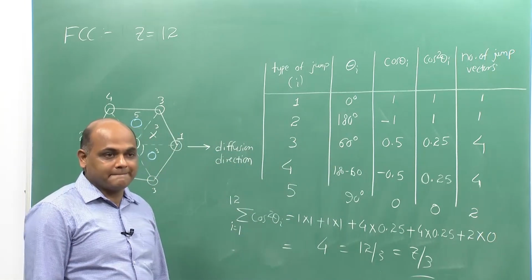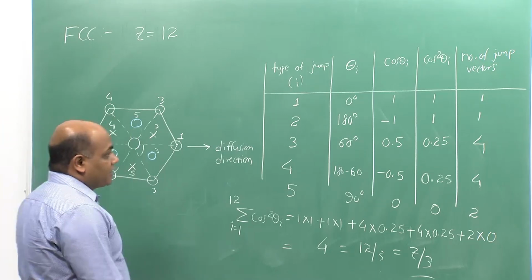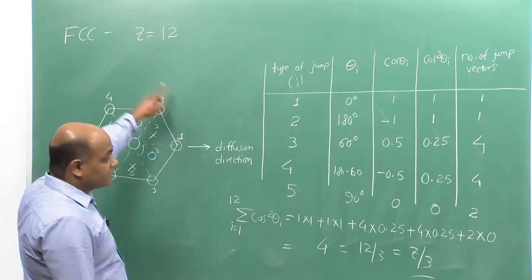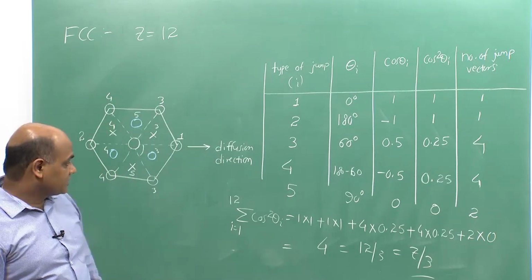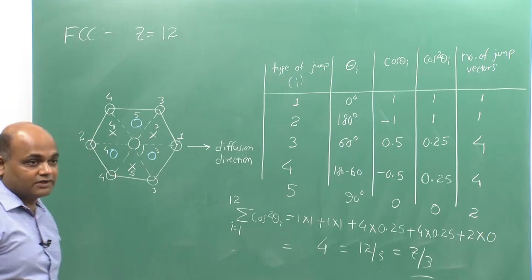Clear? So, for any cubic lattice, we get sigma cos square theta i equal to Z by 3, and so we get D equal to 1/6 alpha square gamma.